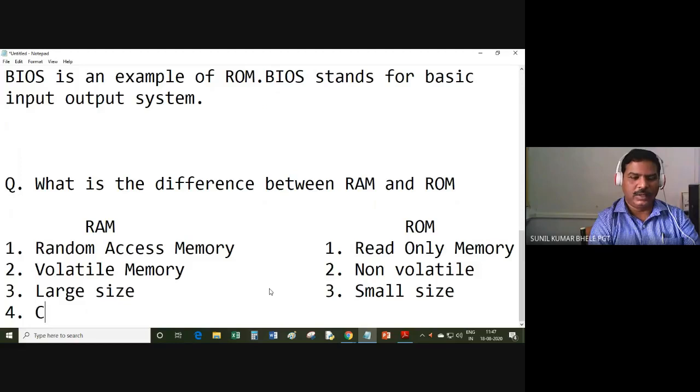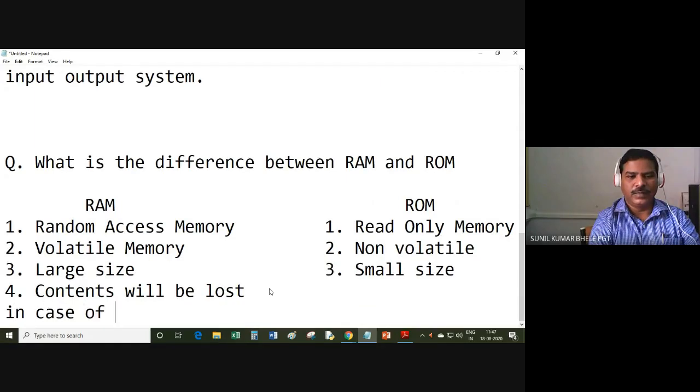Contents will be lost in case of power failure, or in absence of power.